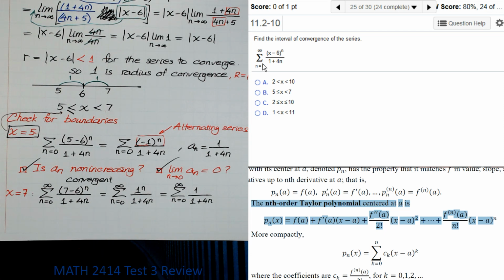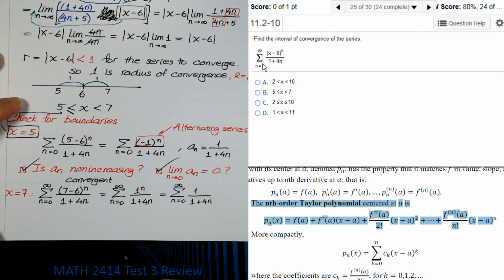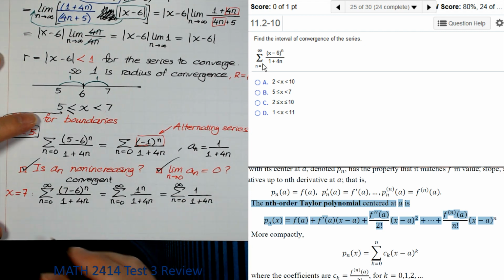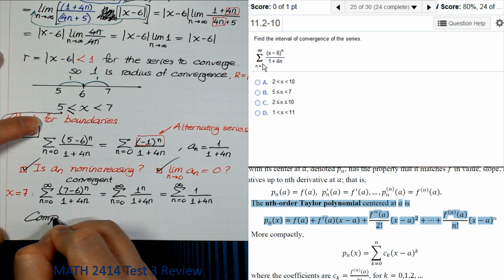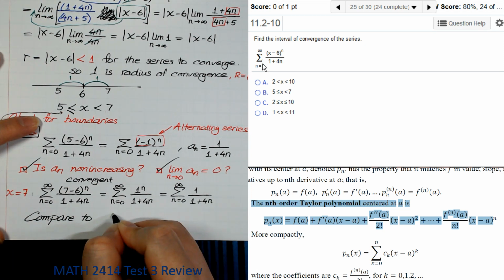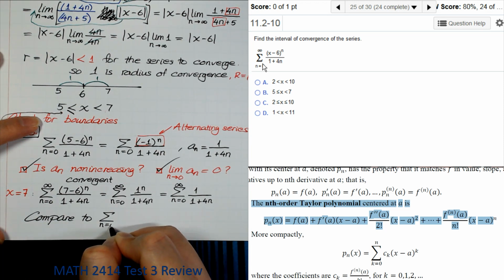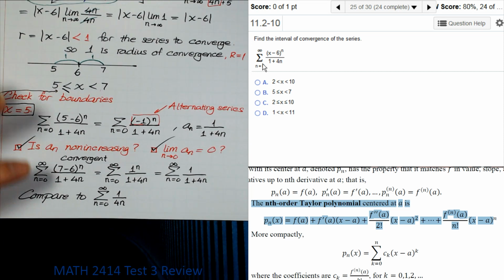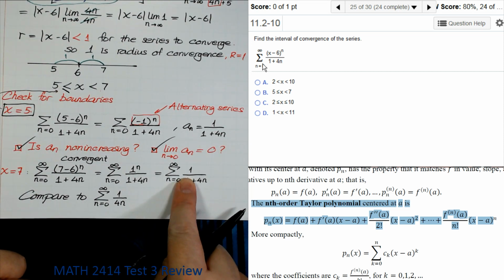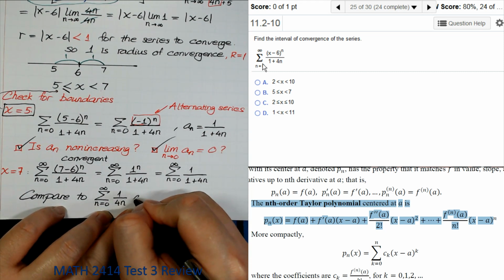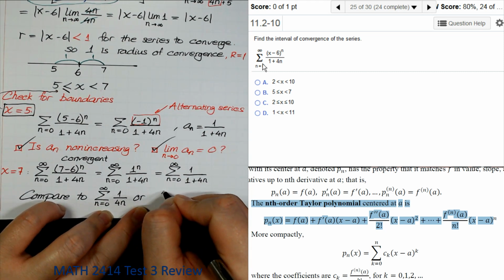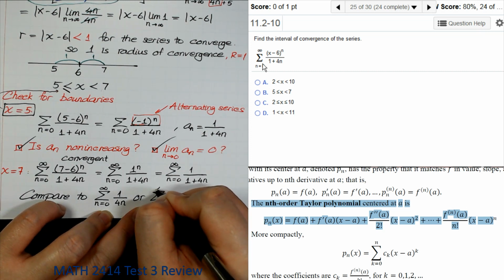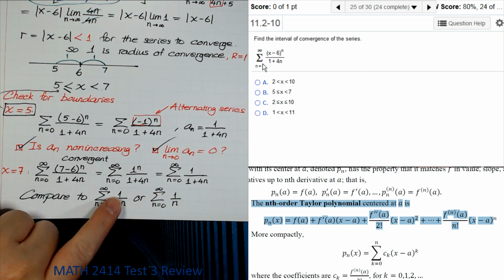We did this. I think if you go back to the first problem we did in this review, we compare to the one with the higher ranking, or we can compare to the one without the constant.